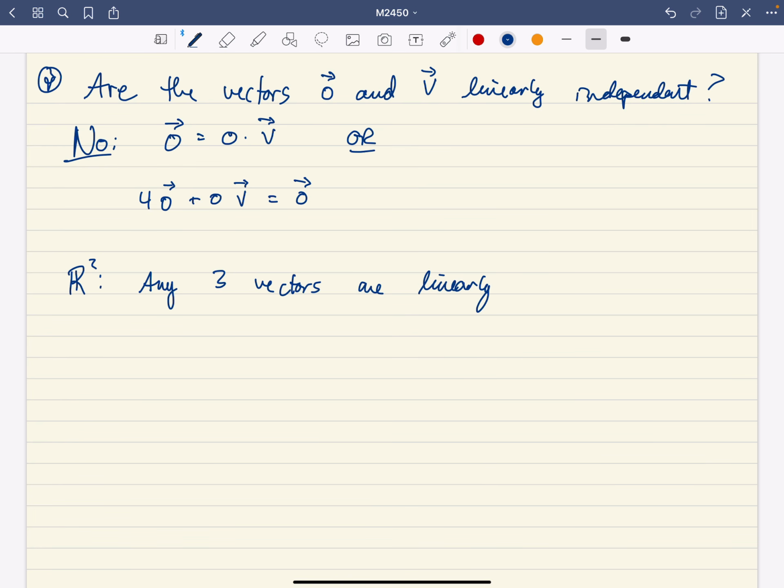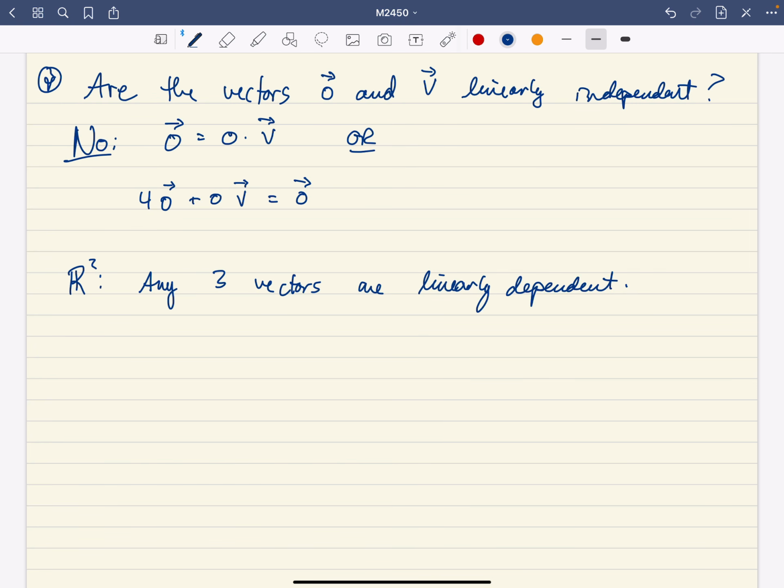Doesn't matter what the vectors are. So if I ever ask you, are these 3 vectors in R2 linearly independent or not? The answer is that they're always linearly dependent. Any 3 vectors in R2 will be linearly dependent.